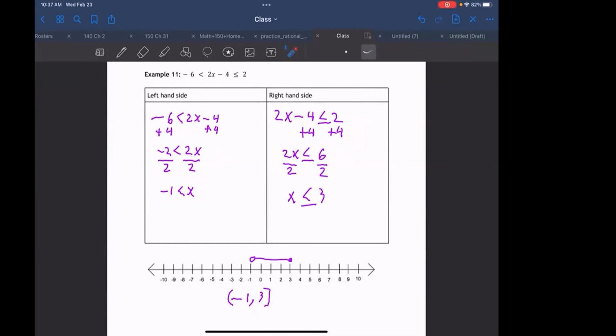And I divide the 2 from both sides, it would be x is less than or equal to 3.